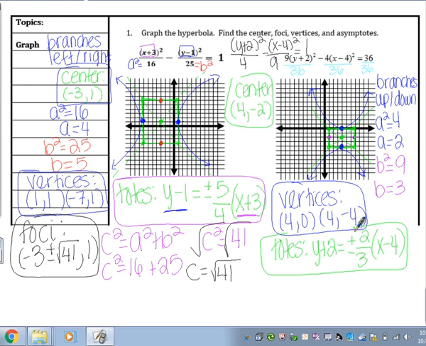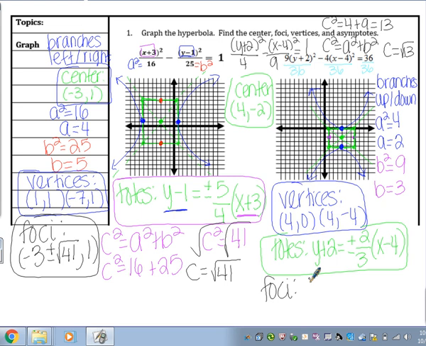And the last thing I need to find is the foci. So I'm going to use c squared equals a squared plus b squared. So c squared equals a squared is 4, b squared is 9, so I get 13. C is the square root of 13, and where do I add this onto?